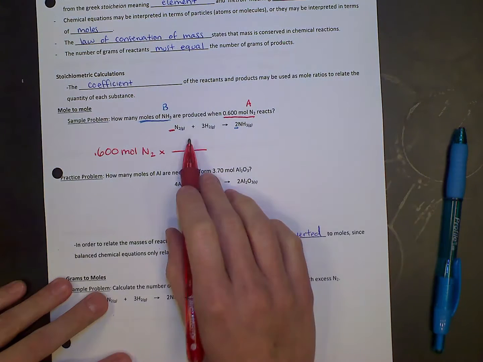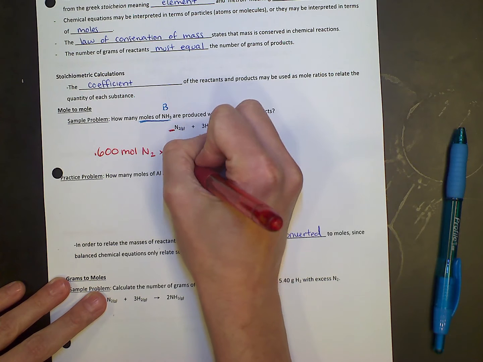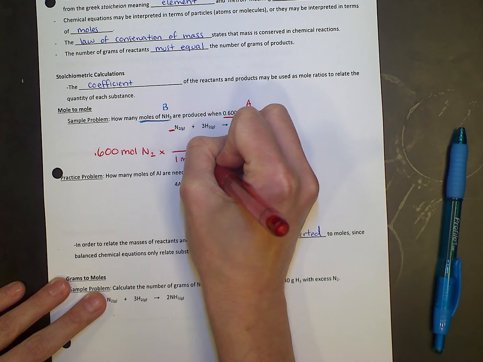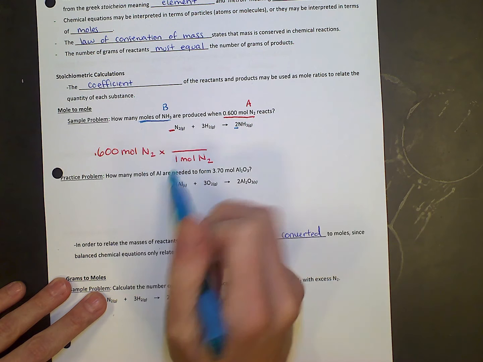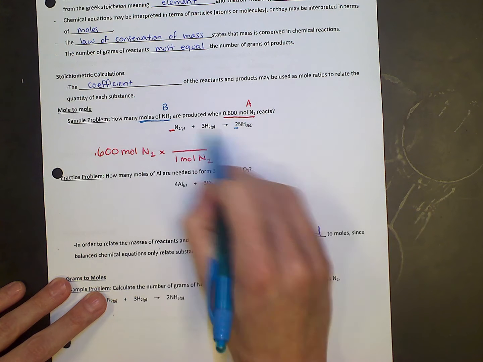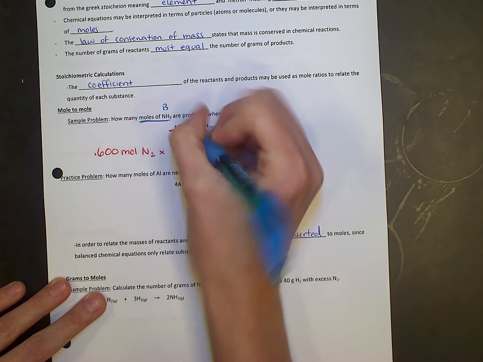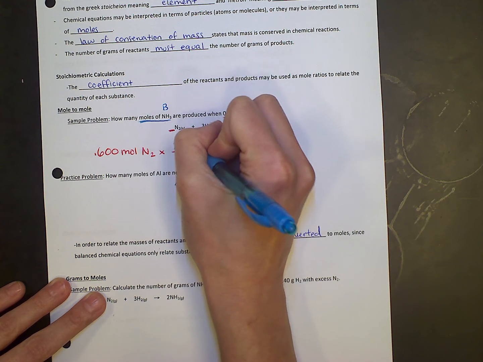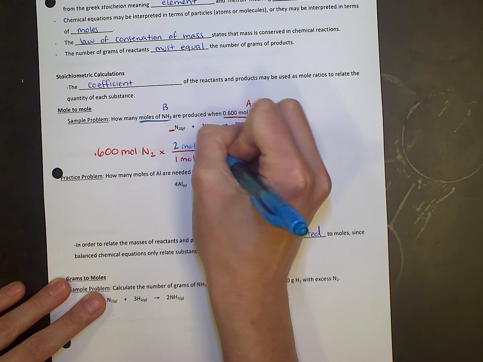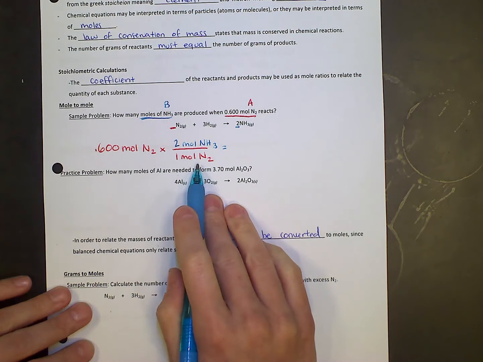The coefficient for N2 is 1, so I'm going to put 1 mole of N2 on the bottom. And then what I want goes on top, and according to my equation, that's the NH3, whose coefficient is 2, so 2 moles of NH3. And again, I only have to do one conversion here, so that's going to be it.